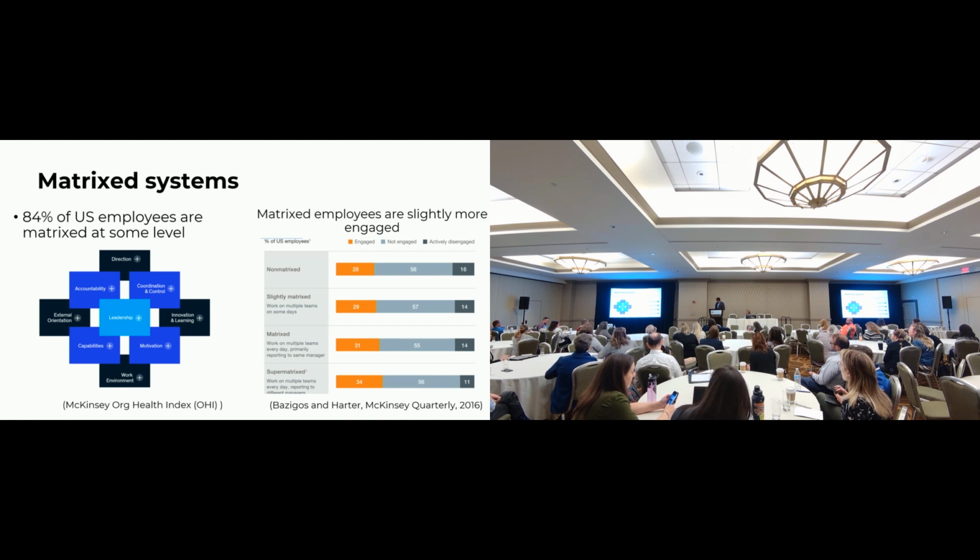What they found is that in a matrix system, based on the survey, and that's a McKinsey proprietary org health index concept, most of the pillars that you see are very familiar to us when we think about organizations.